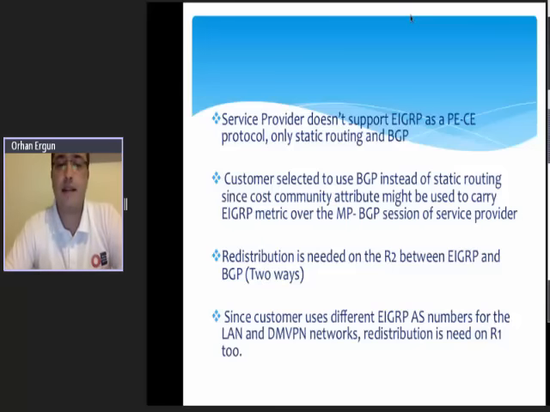Redistribution is needed on R2, I will show which one is R2, between EIGRP and BGP. Of course, two-way redistribution. Since the customer uses a different EIGRP AS number for the local area network and the MVPN network, redistribution is needed on R1 as well. So this is the topology.